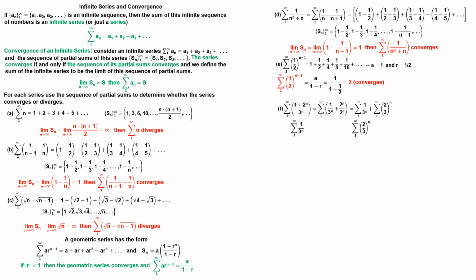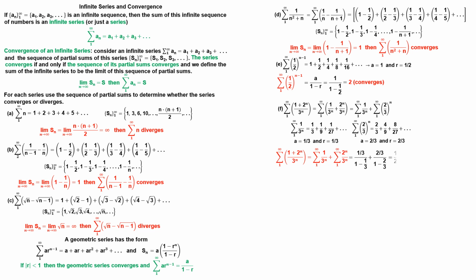As we can see, both series have a common ratio less than 1, so they converge. We set up the formula to calculate the sum of each series, and then we add them together. The series converges.